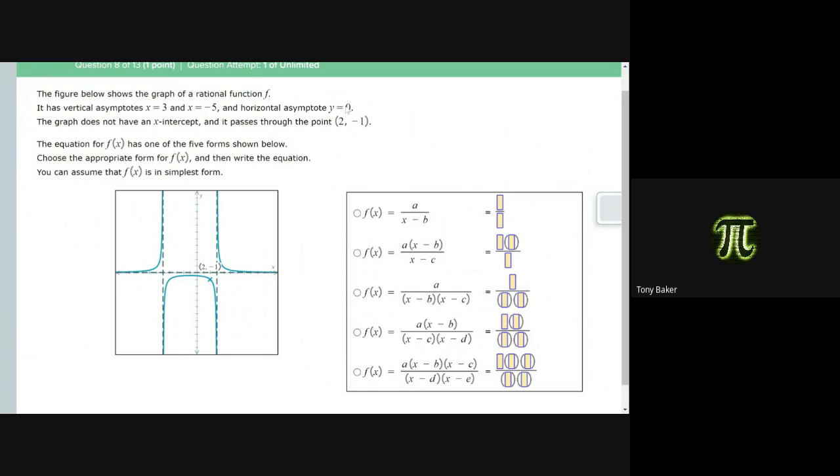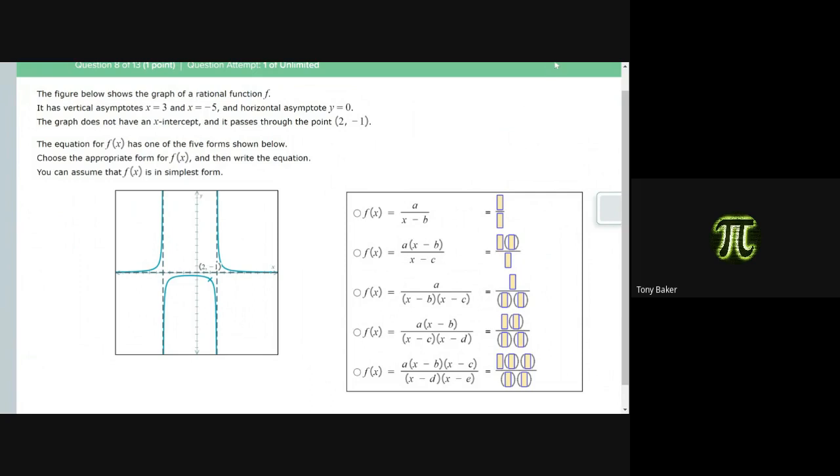My horizontal asymptote is 0. Well, that means that the degree on the bottom has to be bigger than the top, correct? So that means it can't be this one. So it's got to be one of these 2. It doesn't have an x-intercept, and it passes through (2, 1).